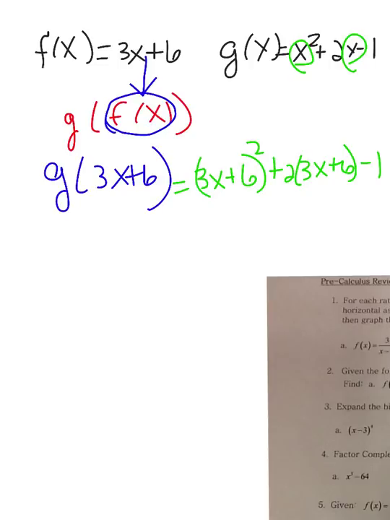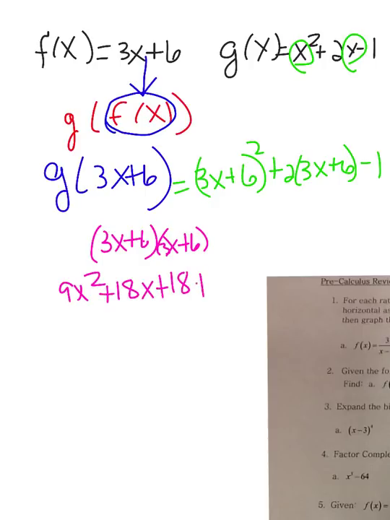All right, so let's start with 3x plus 6 times 3x plus 6. So that's 9x squared plus 18x plus 18x plus 36. Distribute the 2. So we get 6x plus 12, and then I have minus 1.